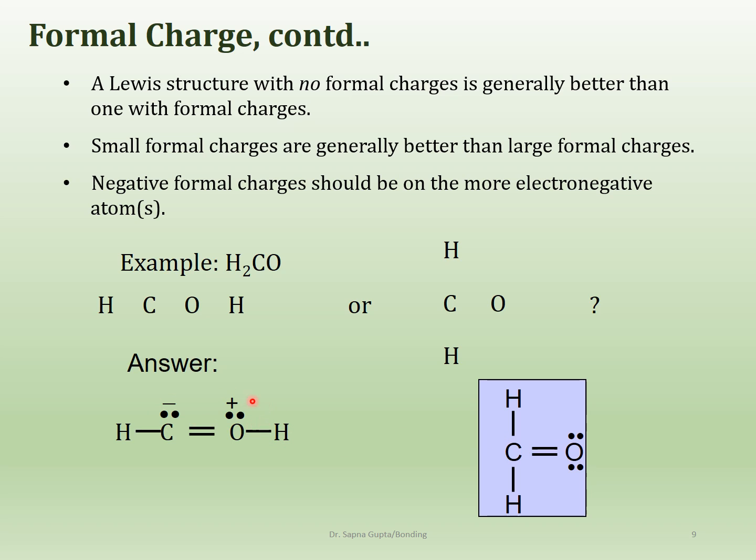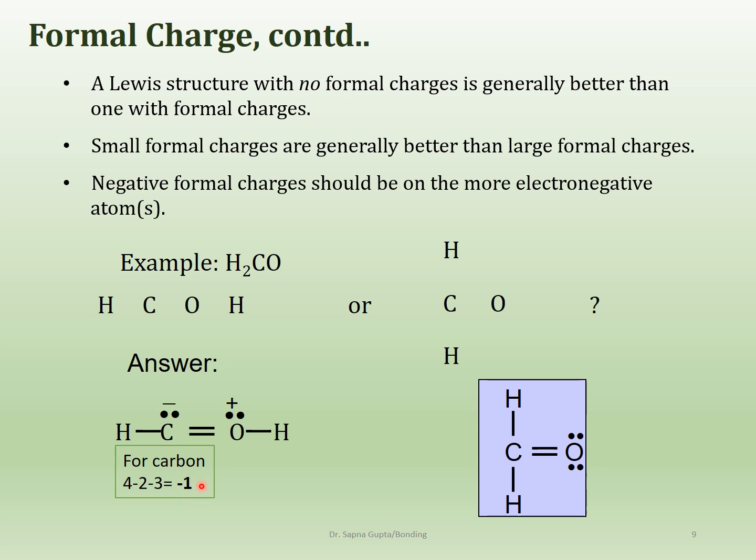That comes from this answer right here with the positive and negative, and when you start calculating the formal charges for carbon, it will be 4 minus 2 minus 3. 4 comes from the 4 valence electrons, 2 comes from the 2 electrons left over on carbon, and 3 comes from the 3 bonds on carbon.